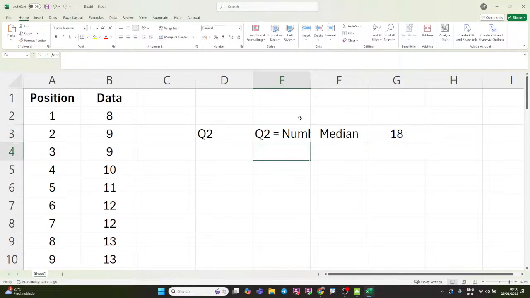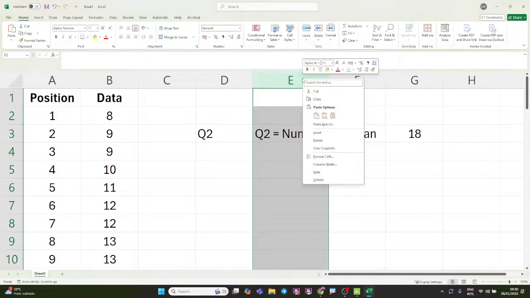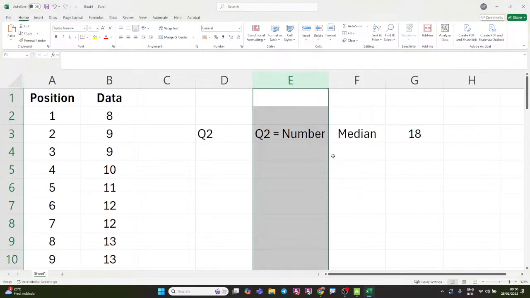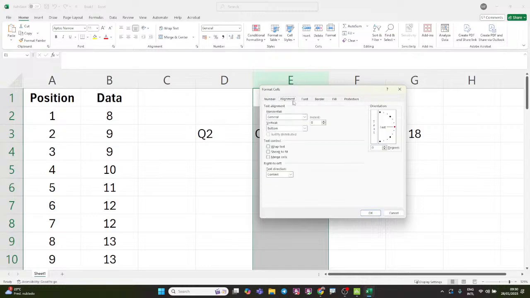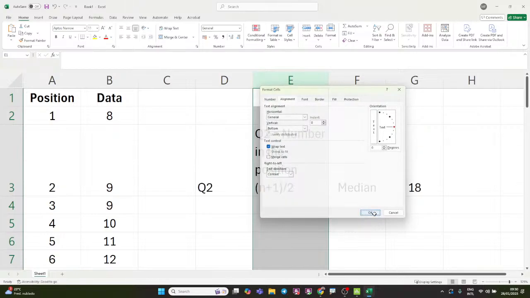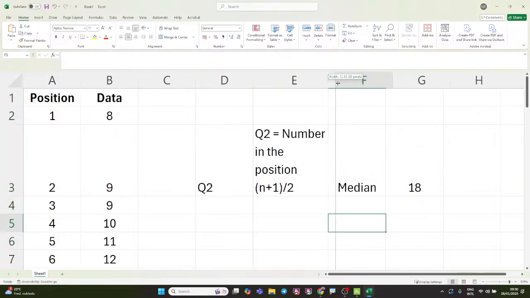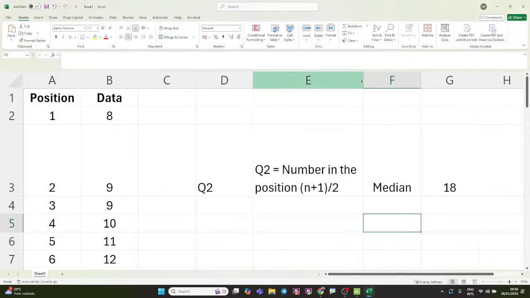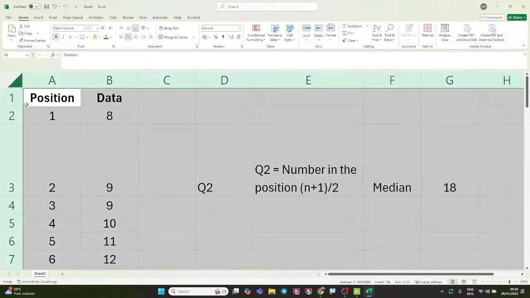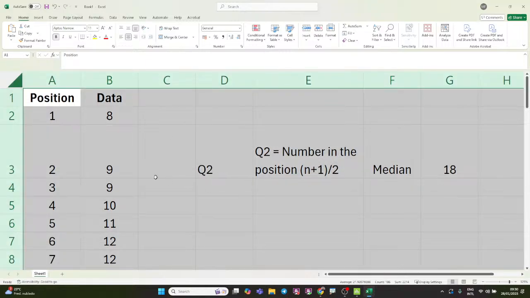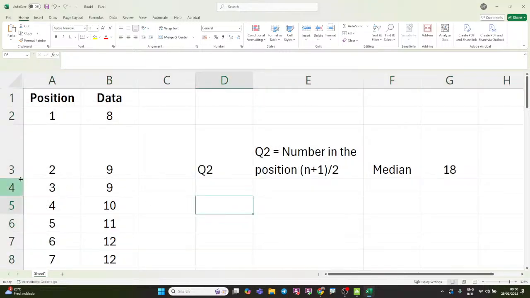Okay, I'll make it super easy for us to understand. Very simple.